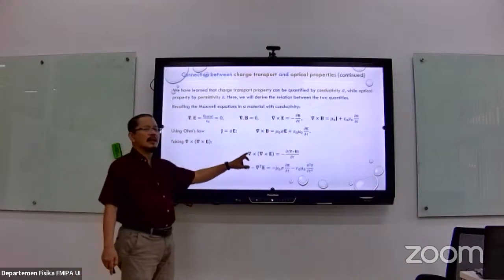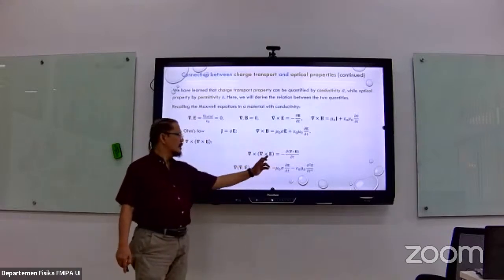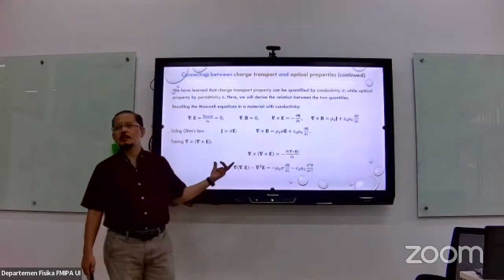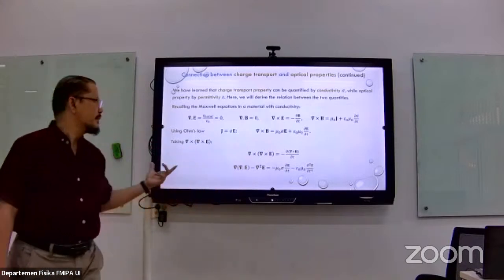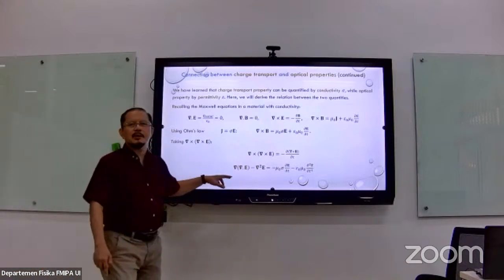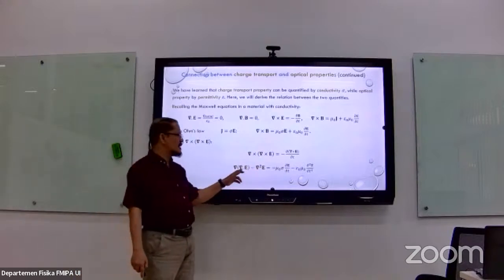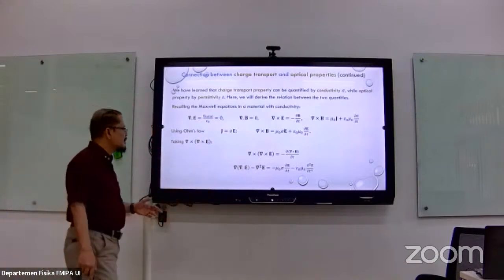And there's an identity. Curl of curl gives you these two terms. This is part of basic mathematical methods. You should also have that, right? So I'm not going to prove this. It is a mathematical identity that you should be familiar with.